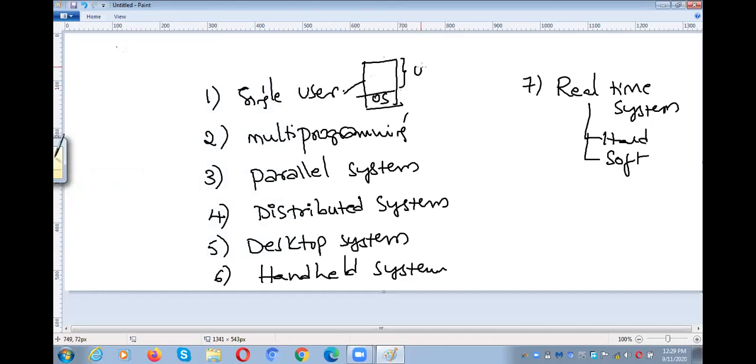One is for the OS and the second part is the user area. Only one process can be kept. So the disadvantage is that the CPU will become idle.